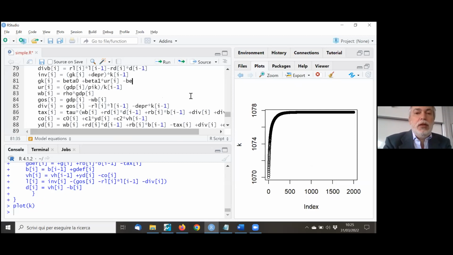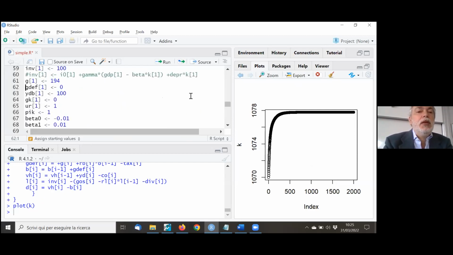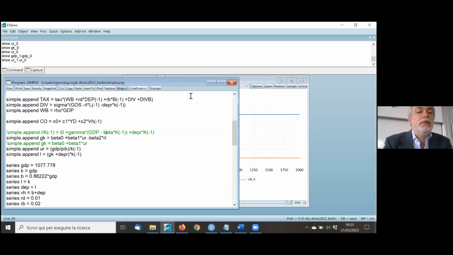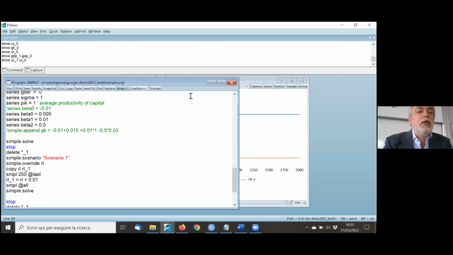So we added a beta 2 times RL, and beta 2 is 0.5 and now this is plus 0.005.